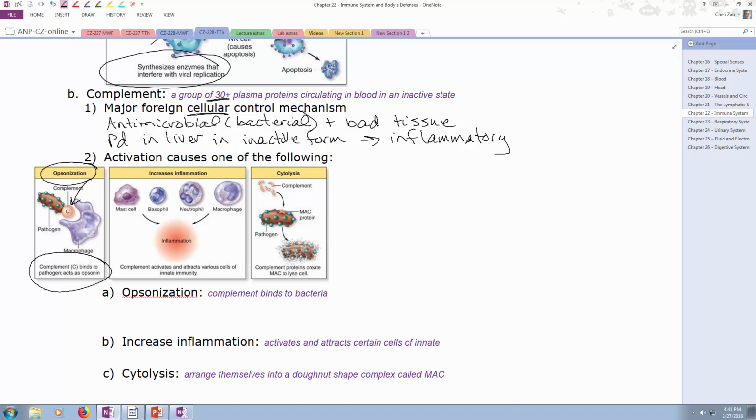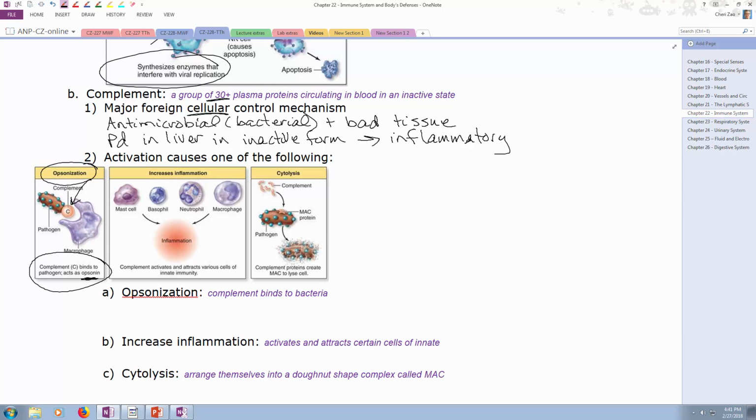So the macrophage already wants to engulf, but now it's just like, oh, I'm super happy to go ahead and do my job even faster. That is when complement attaches and causes the macrophage to engulf complement and the pathogen. Complement is acting as an opsonizing agent. So opsonin makes it more attractive to macrophage.